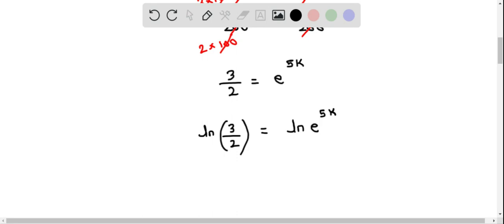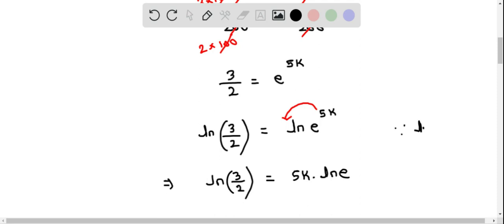Now we use the power rule of natural logarithm, which means the 5k will get multiplied in front. So we can write the natural logarithm of 3 by 2 on the left side, and this equals 5k times the natural logarithm of e.